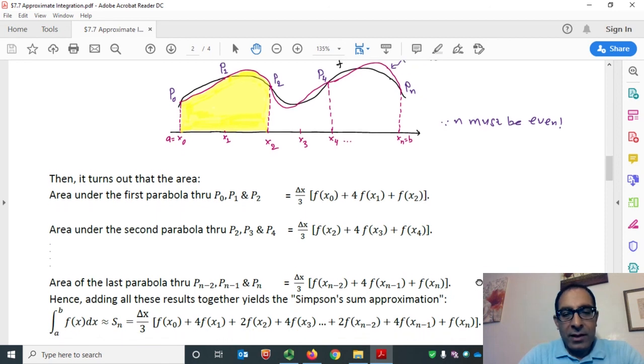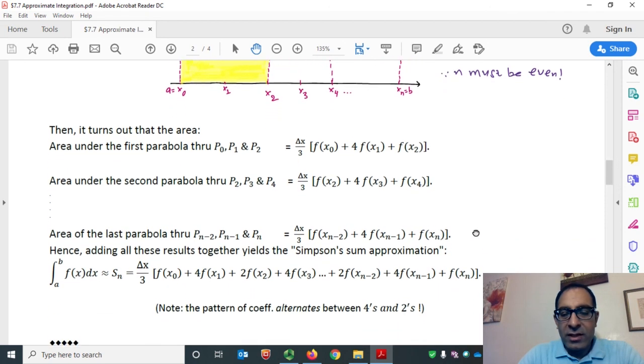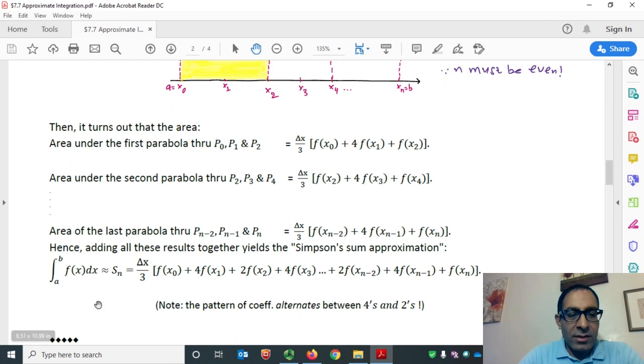Correct. Hence, adding all these results together yields the Simpson's sum approximation. So we denote Simpson's sum by Sn, just like Riemann sum by Rn, trapezoid sum by Tn, now Simpson's is Sn. So delta x over 3 is common, then the other terms we are adding here, f(x0) plus 4 f(x1), and plus I'm adding this 2 here, so 2 times f(x2), dot dot dot, last is f(xn).